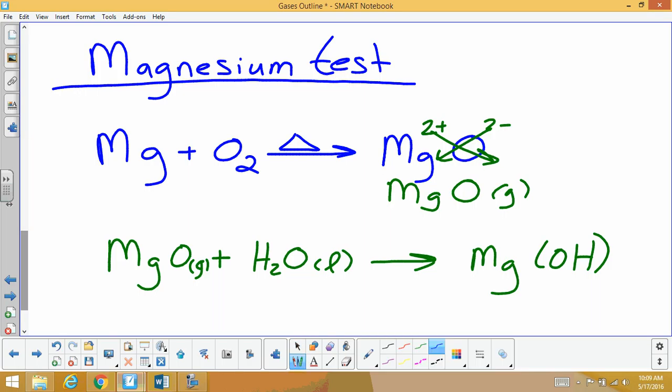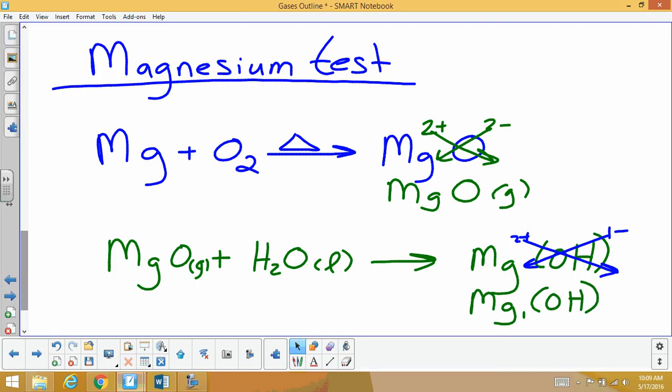Once again, we've got 2+, 1-, cross the charges, and we end up with Mg(OH)2. So that's our second equation for the magnesium test.